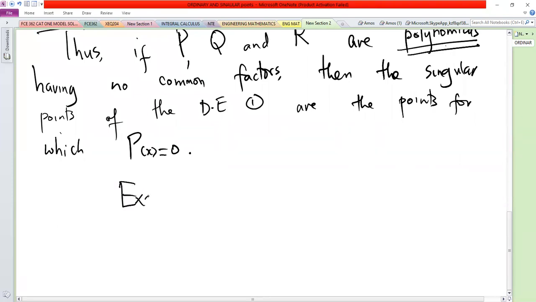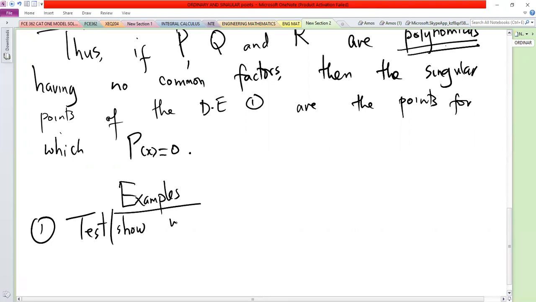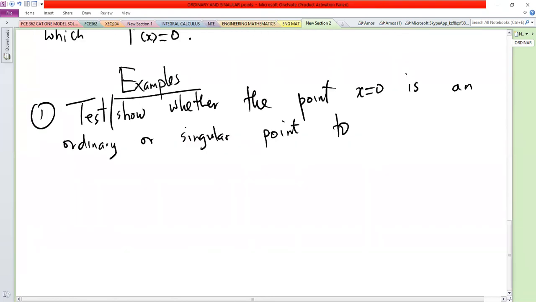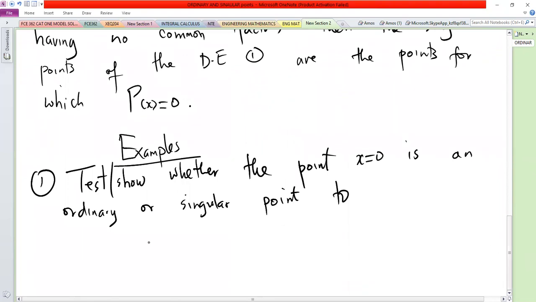So examples. One: test whether the point x equals 0 is an ordinary or singular point of the differential equation x y double prime plus sine of x y prime plus x squared y equals 0.